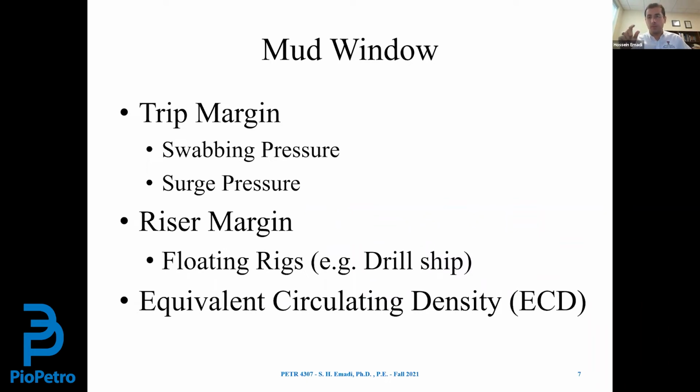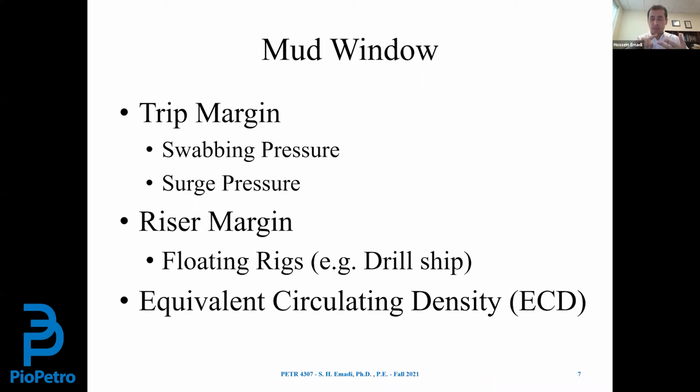However, we need to know what factors can affect trip margin. The factors that can affect trip margin are basically whatever factors can affect pressure drop due to friction. And you guys know that the pressure drop due to friction is a function of the rheological properties of the fluid. We are dealing with Bingham plastic, so it should be plastic viscosity and yield point.